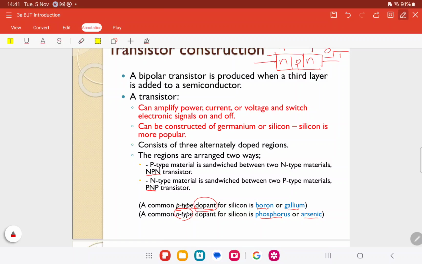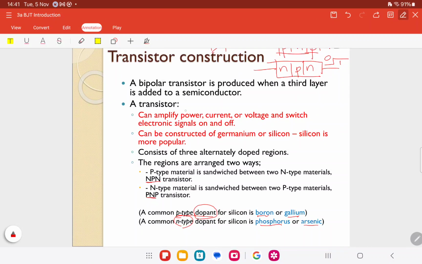Okay, and what else? A transistor can amplify power, current or voltage. Okay, P, I or V, and also can use for switch, signal on and off. Okay, same goes with the diode. Dia juga ada germanium and silicon, but then sama juga silicon is widely used.